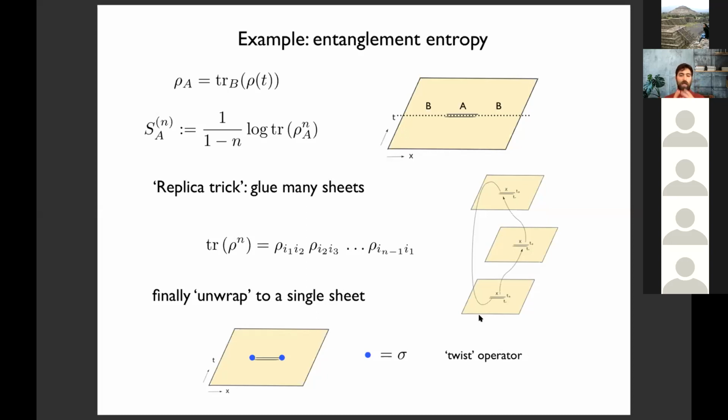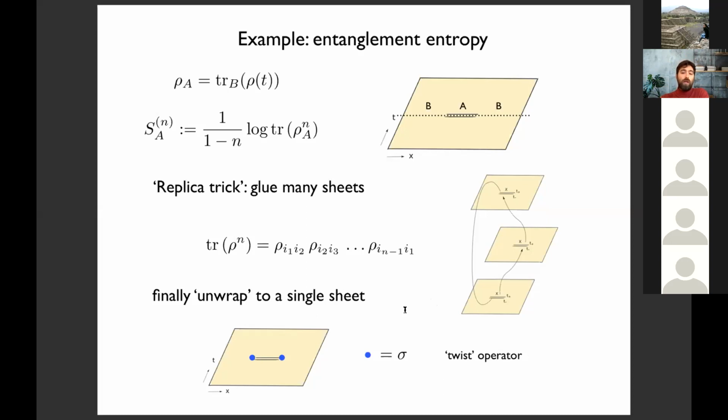So once you have that, you're supposed to compute a partition function on that manifold, but that is kind of confusing. So what we do is take this complicated geometry that has many sheets, and make a conformal transformation that unwraps this funky surface and brings it back to one copy of the original spacetime, which is this last picture here on the bottom.